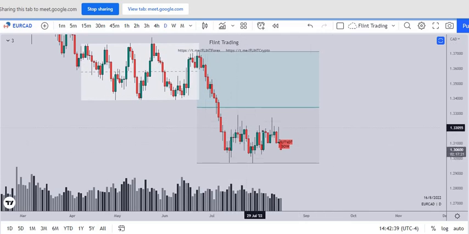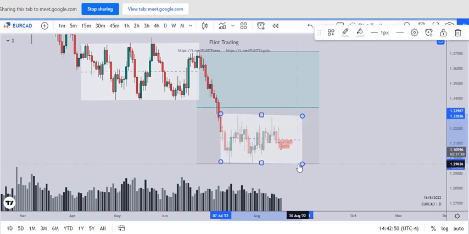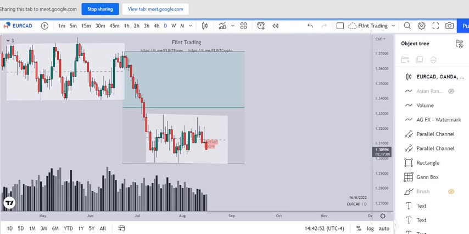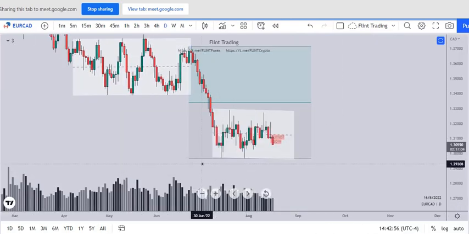Again, price is consolidating right there. That gives us another range, which is this, and right now price is in a discount phase.